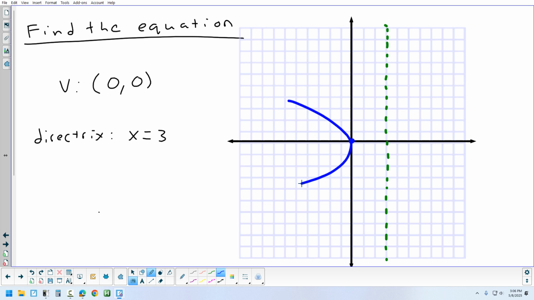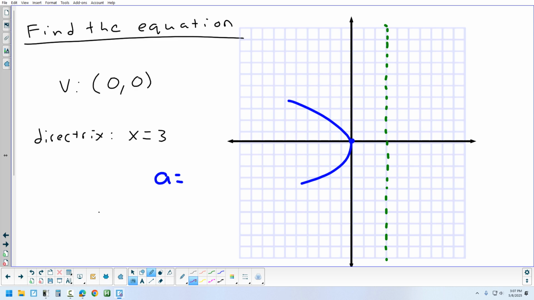Something like that. And we don't have to worry about h and k because that's at the origin. What's the letter we're going to have to figure out? A. Yes, we have to figure out a. In the picture, how do you recognize a?